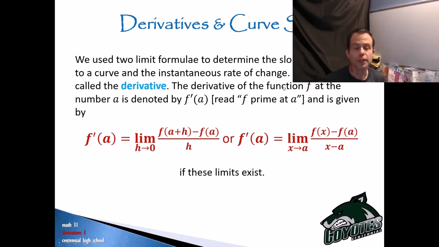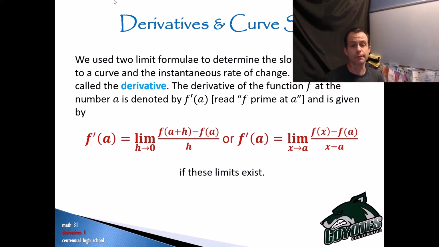So we used two formulas to determine the slope of a tangent to the curve and the instantaneous rate of change. These limits are called the derivative. The derivative of a function f at a particular number a is denoted by f prime of a, okay?